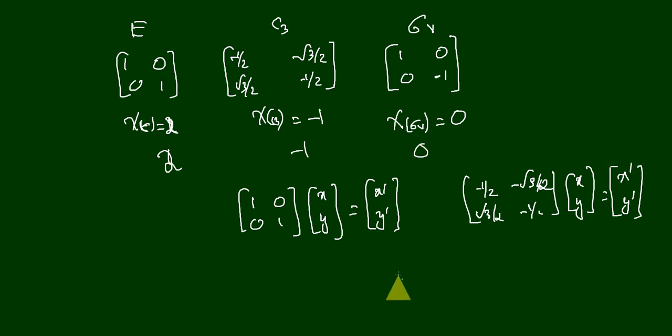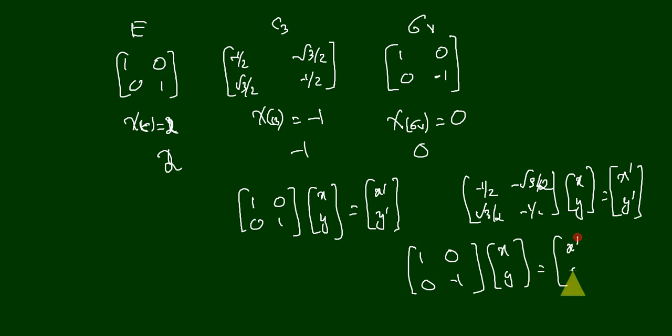The third one says that 1 0 0 minus 1, x y is equal to x dash y dash. This is the meaning of these matrices. Means when this matrix acts on x and y, it transforms to x dash y dash, and then you can see that x is equal to x dash and y is equal to y dash.